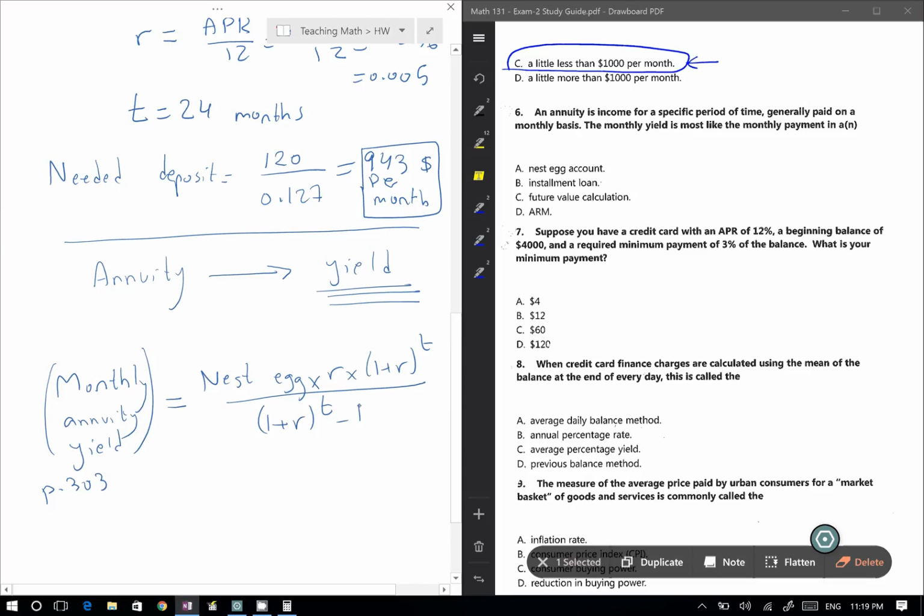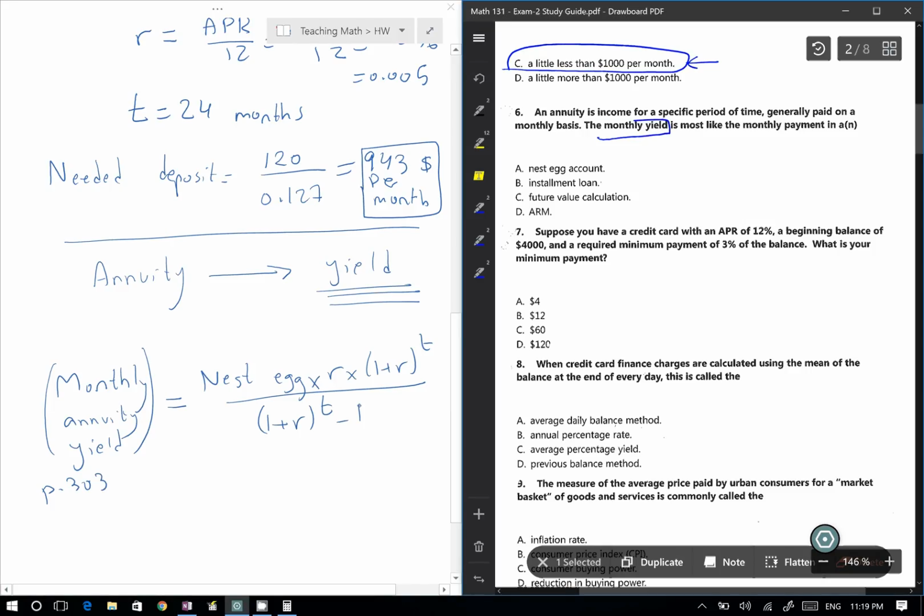So what it's asking me is what does this yield look like? The monthly yield is most like the monthly payment in a, and the answer is installment loan.